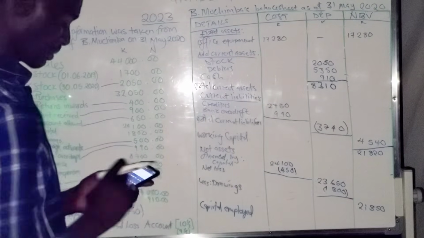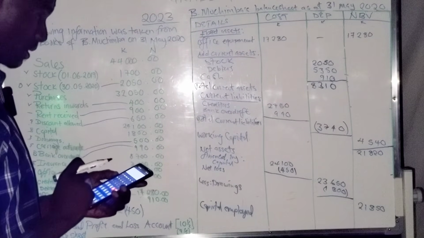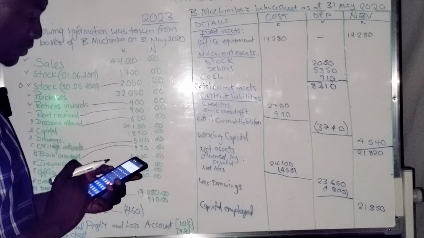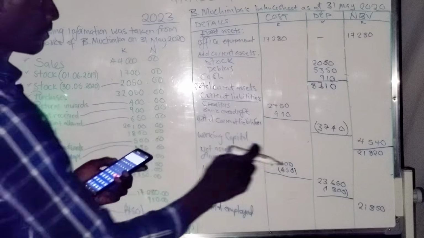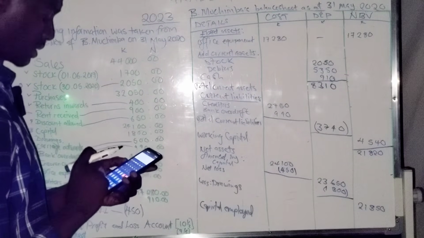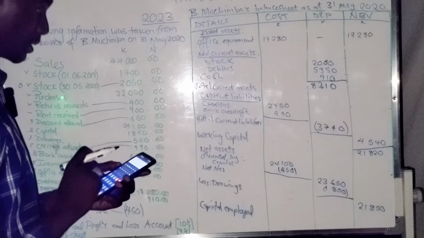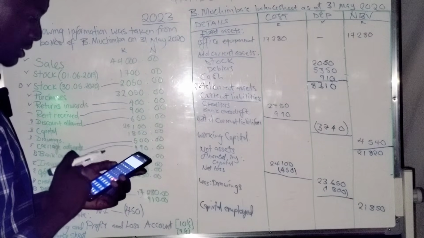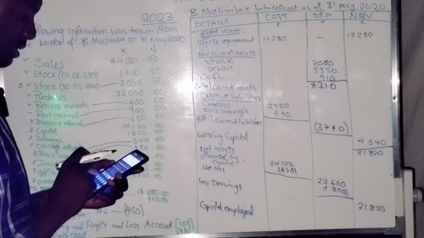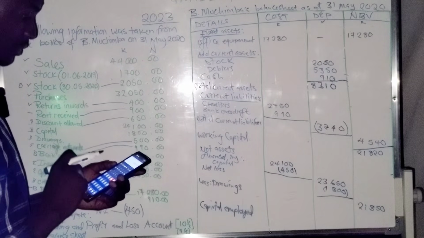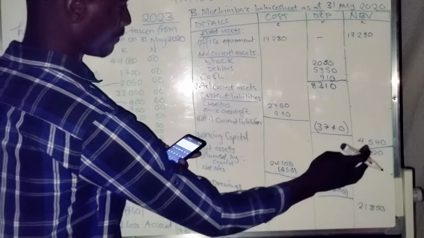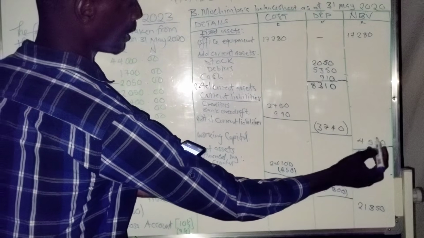So when you subtract the total current liabilities, let me calculate again. 8,310 minus 3,740. We're going to have 4,570, not 40 here, but 70.